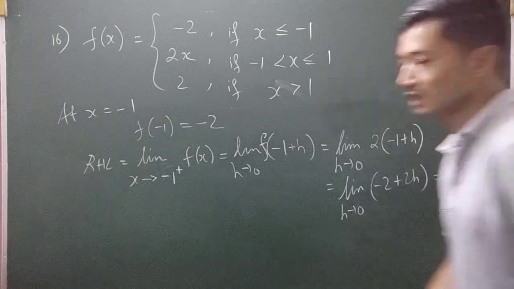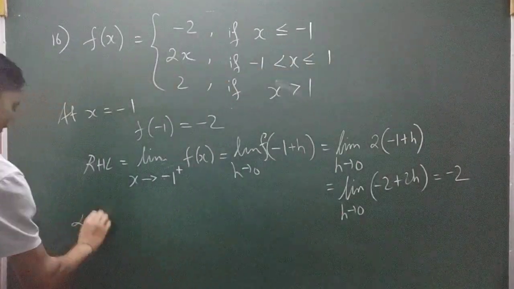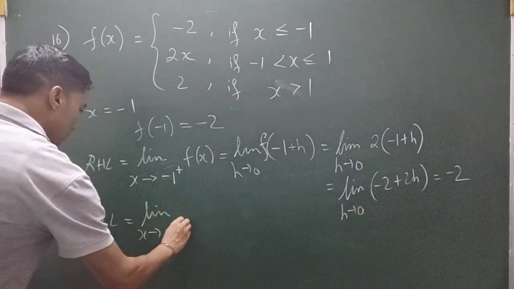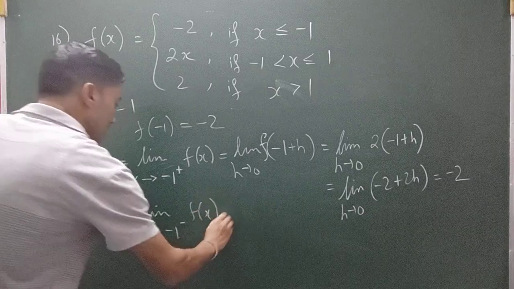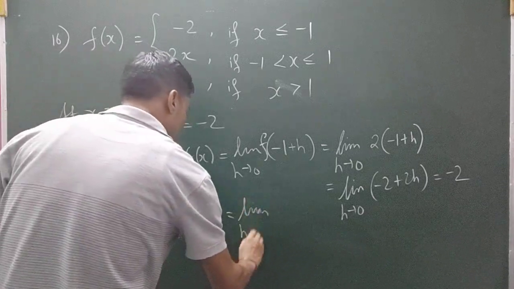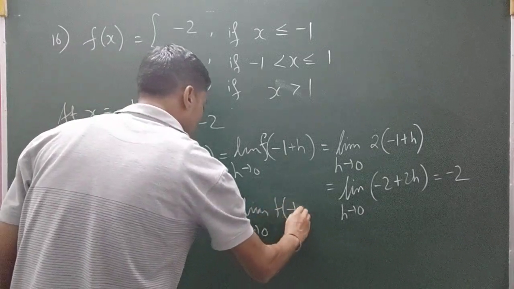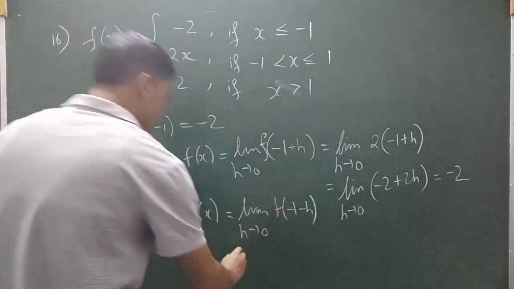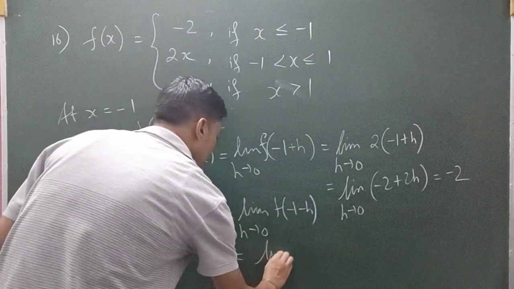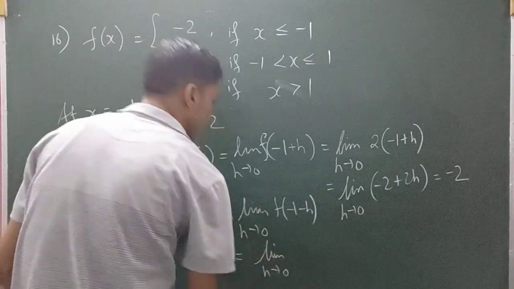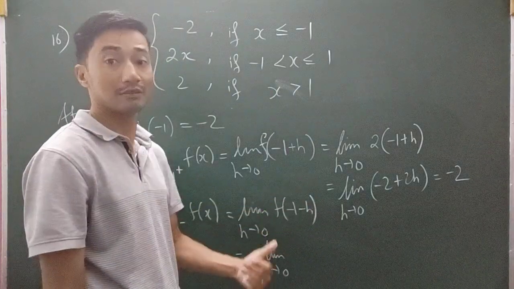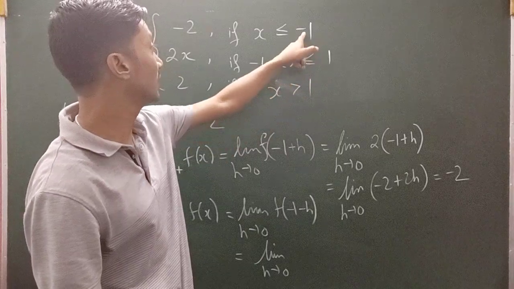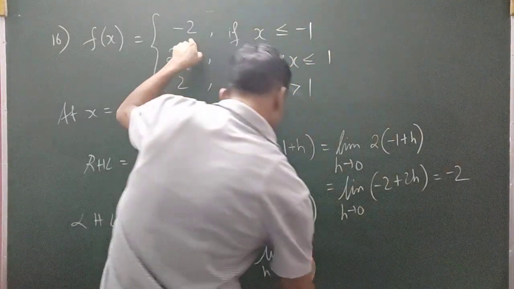We get minus 2. Left hand limit, the limiting value as x tends to minus 1 minus, that is the limit as h tends to 0 of f of minus 1 minus h, slightly less than minus 1. Before that was greater than minus 1, now less than minus 1. How much? Minus 2.